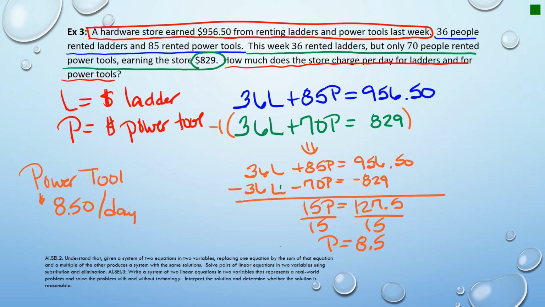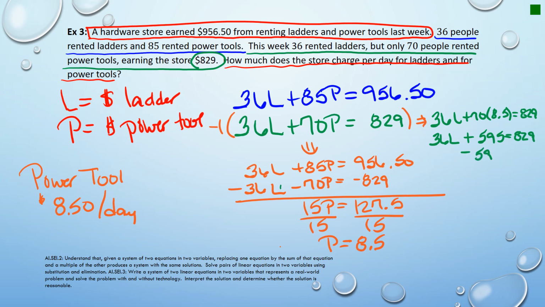Okay. Now I'm going to substitute that back in. I don't know, we always do the top one. Let's do the green one this time. Sure wish I could move this over. 36L plus 70 times 8.5 equals a very thin 829. So 36L, we're going to take 70 times 8.5, and we get 595 equals 829.